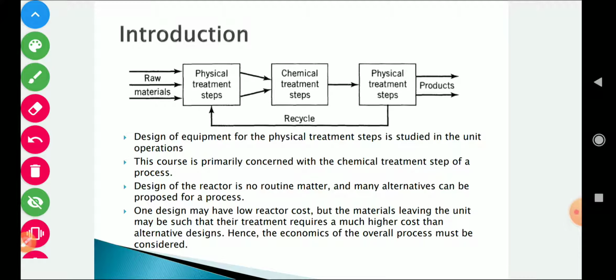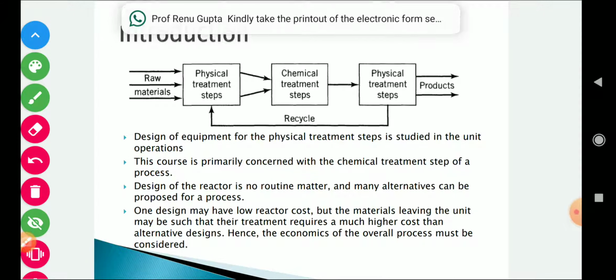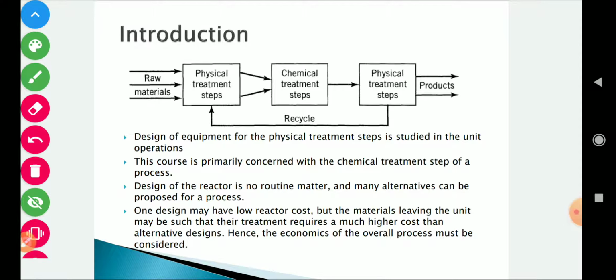In the post physical treatment step, we separate the desired product, as there may be a mixture of products after the reaction, so we separate desired and undesired products. The design of equipment for the physical treatment step is studied in unit operations, and we mainly deal with the chemical treatment step in this course.